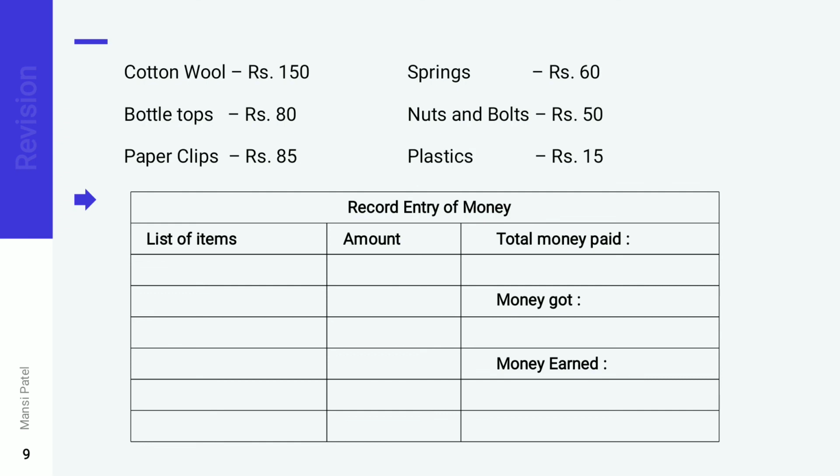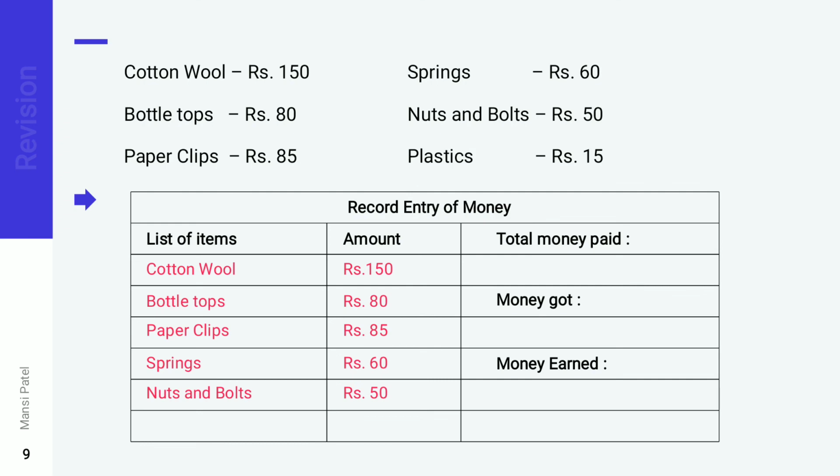So let us start with the list of items and amount. There is cotton wool, amount is rupees 150. Bottle tops, the amount is 80. Paper clips 85 rupees. Springs 60 rupees. Nuts and bolts 50 rupees.